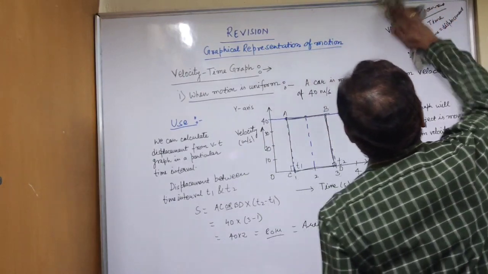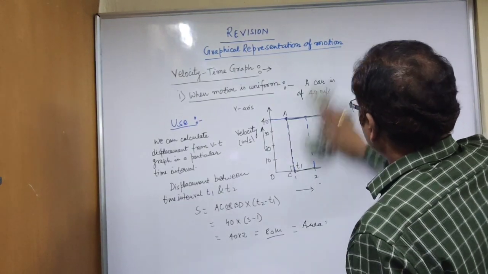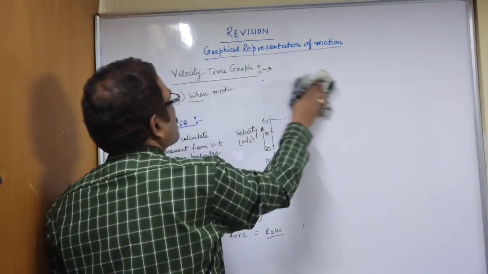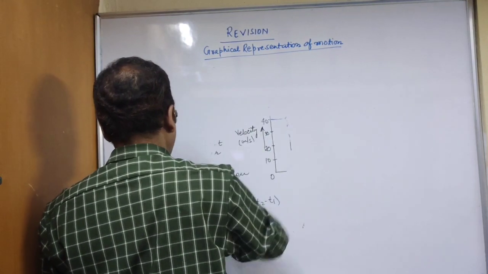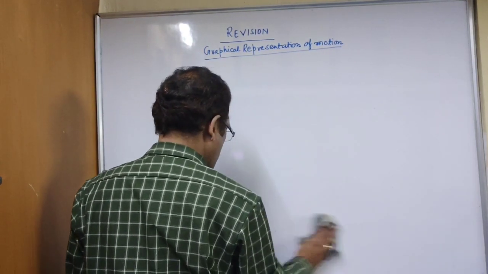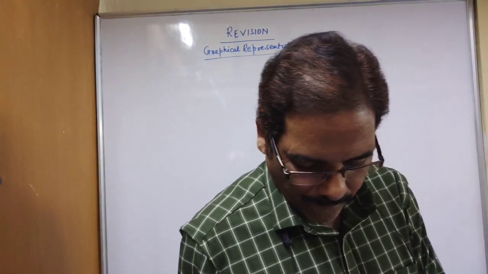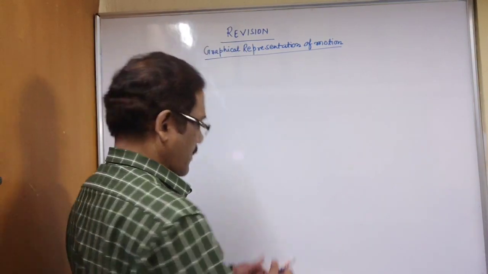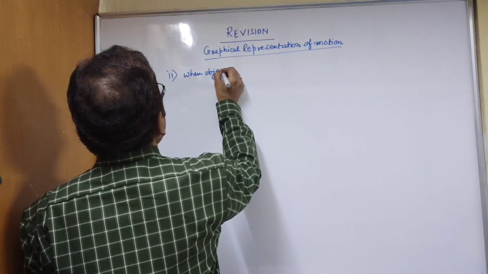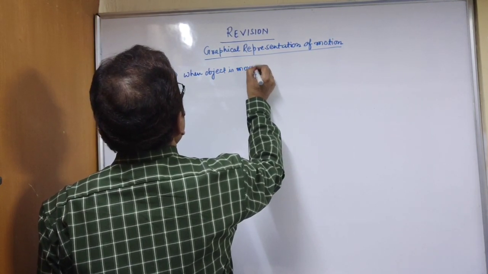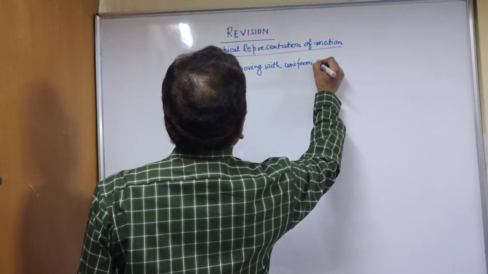So now the second type of velocity time graph: when the object is moving with uniform acceleration.